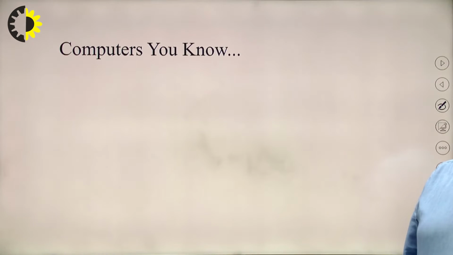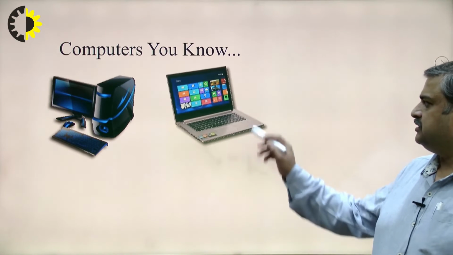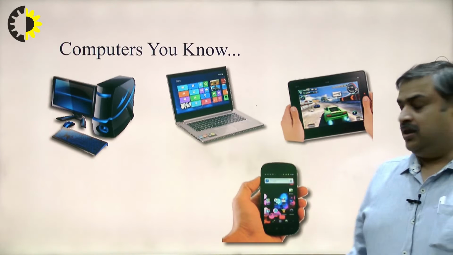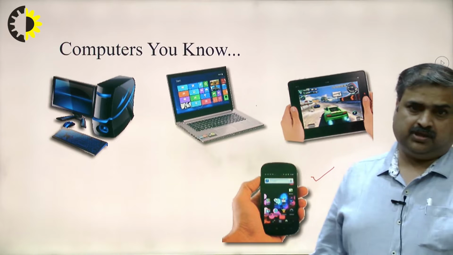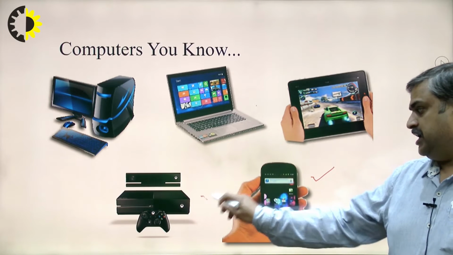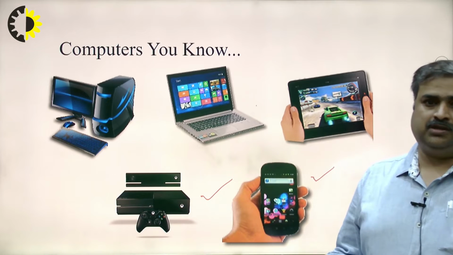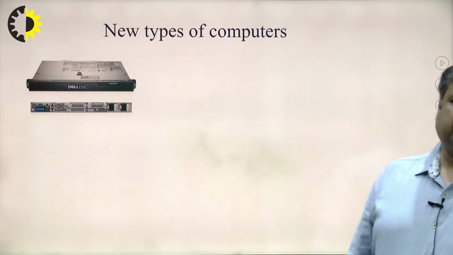There are some other computers, like this is a desktop, this is a laptop, and this is a tab, or the smartphones which we use are also a kind of computer. Xbox and gaming consoles also perform lots of processing to let us play games, so they are also digital computers.